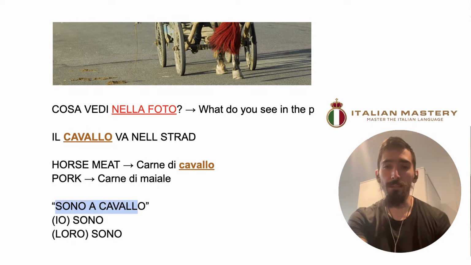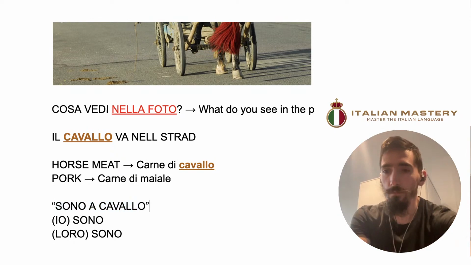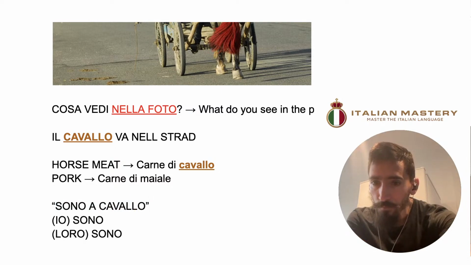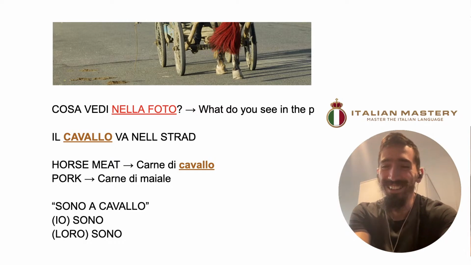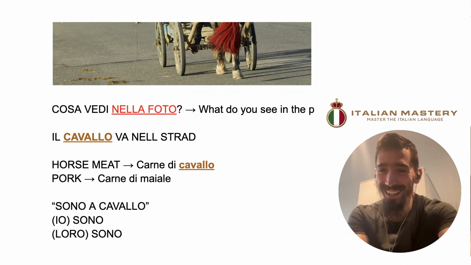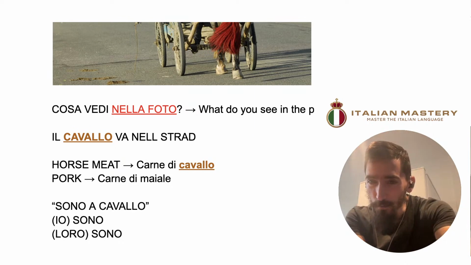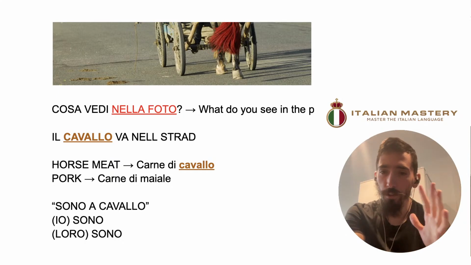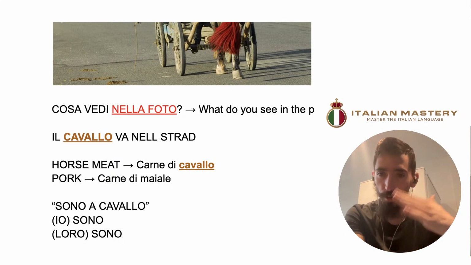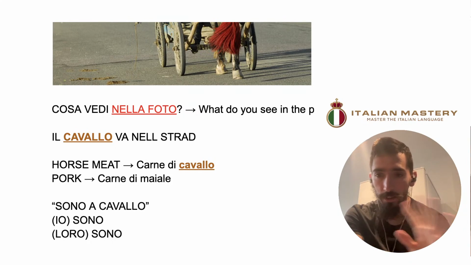So what do you think it means, sono a cavallo? Let me see. I am a horse. I am a horse? No. Okay, so you guys posted a lot of comments, and I'm gonna go through them one by one. That's great.